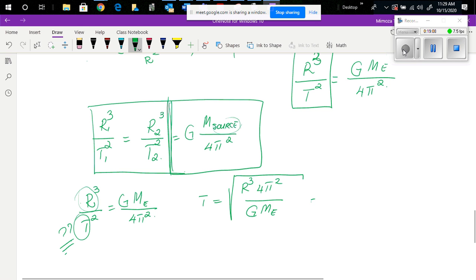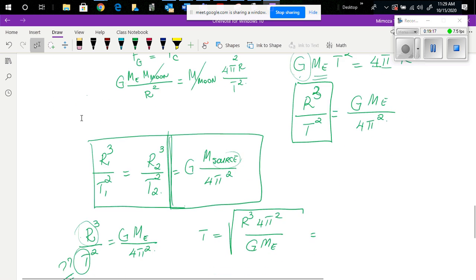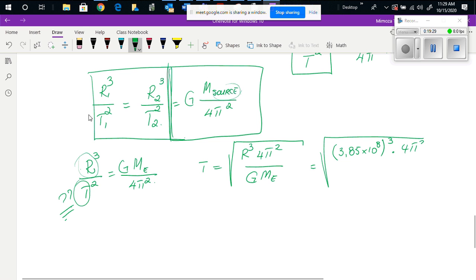We know what R is because it's given in our question, and it is 3.85 times 10 to the power of 8. So we'll have 3.85 times 10 to the power of 8, the whole thing cubed, times 4 pi squared over 6.67 times 10 to the negative 11 times mass of the Earth.